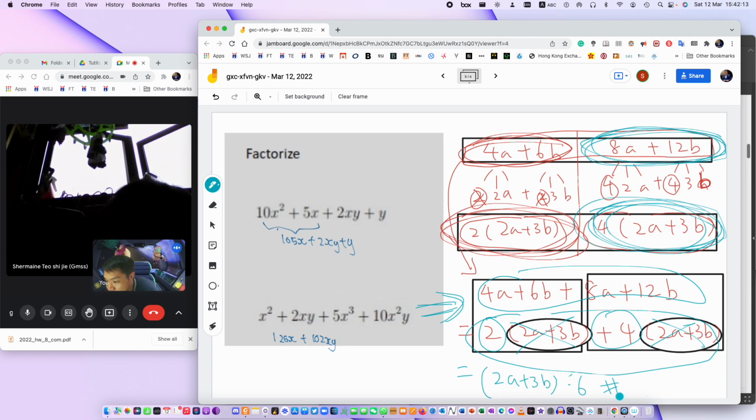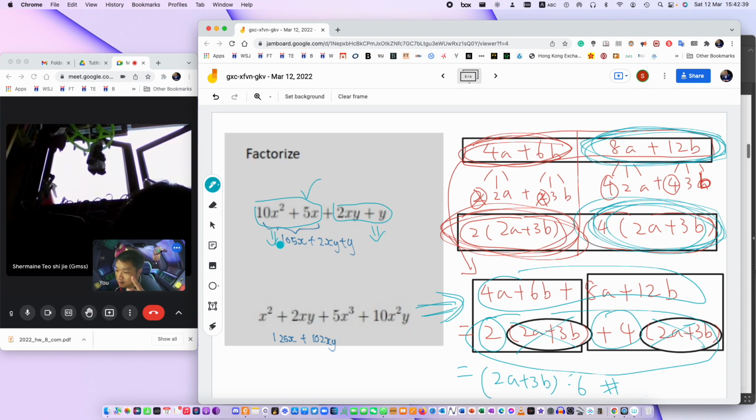So similarly, if you do this question, you need to group these two together first, and then group these two together first to get their brother, which is interchangeable.